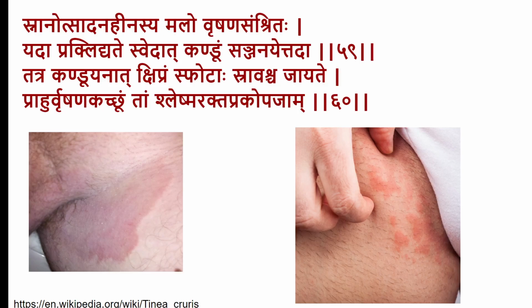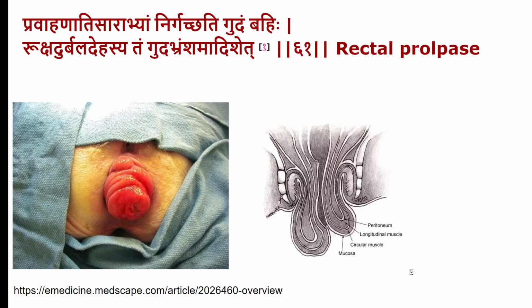The tinea cruris is the usual fungus which is responsible for that, and it's a very frequent event, and the basic reason is unhygienic conditions, or at times it could be irritation due to the powders which are used, the silicon containing powders which can also be a cause for the irritation over there.